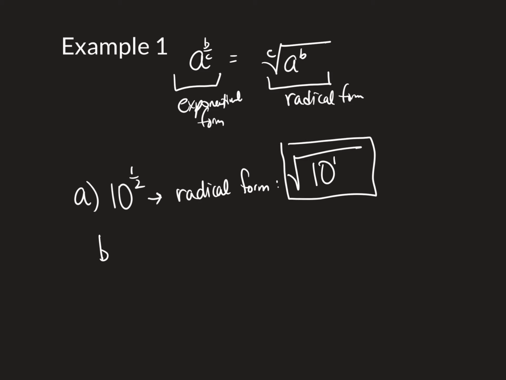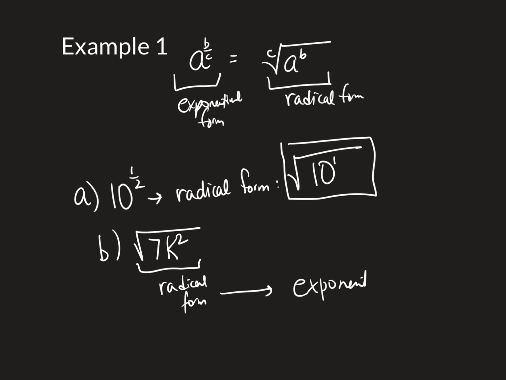Letter B is the square root of 7k to the second power, and I want to rewrite this radical form into exponential form. Now, 7k to the second is all raised to the square, is all under the square root. So that means that it's raised to a rational exponent, a fraction exponent.